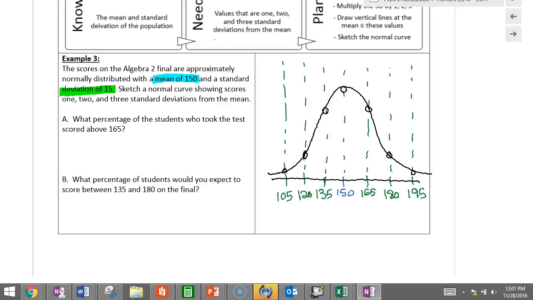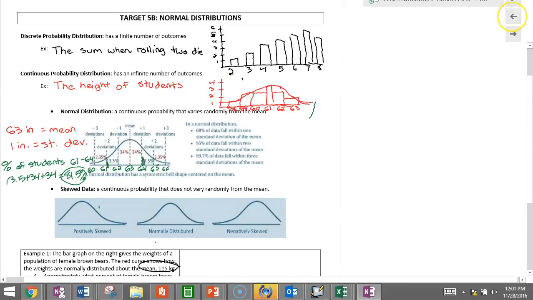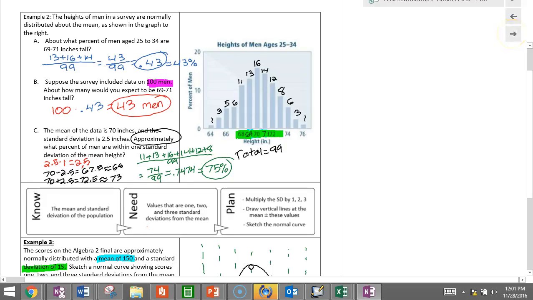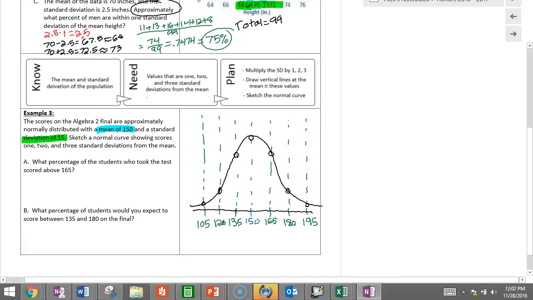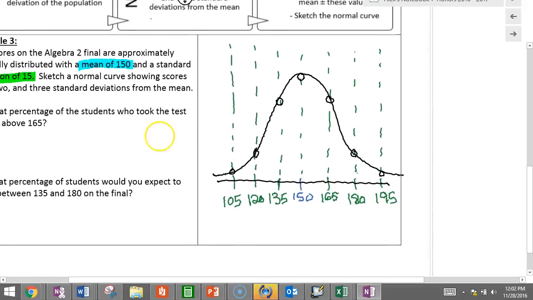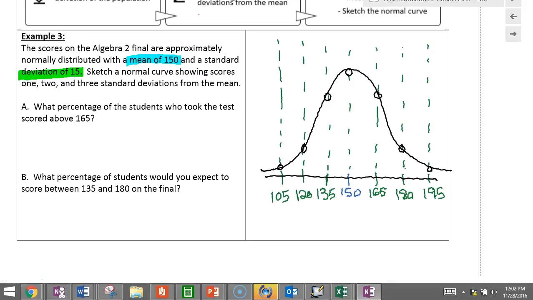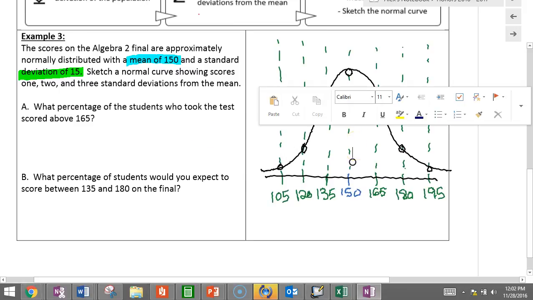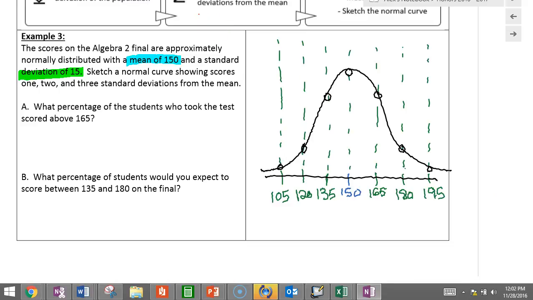Jen says, what percentage of the students who took the test scored above 165? So this is where, if you go back to our first page, this chart comes in. So we're just going to kind of fill in that chart on our own graph. So one standard deviation is just 34%. 34% on both of those sections.